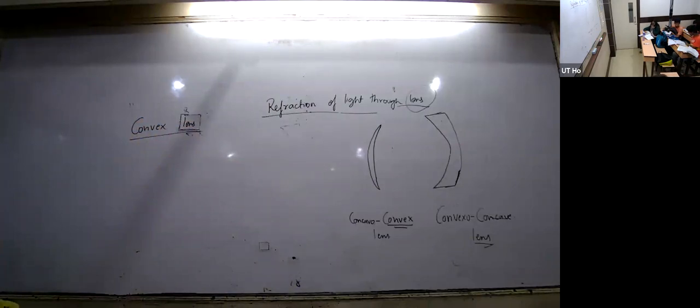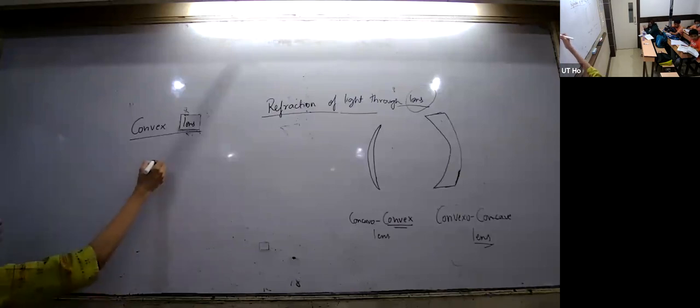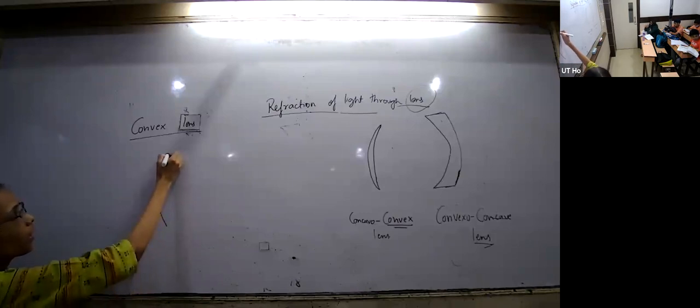So if convex lens is henceforth used, that means biconvex lens, and if concave lens is used, that means biconcave lens. Let's stick to convex lens, and a few lectures we will devote to convex lens, and then we will move to concave. Shall we?